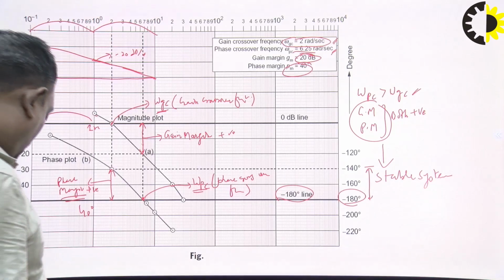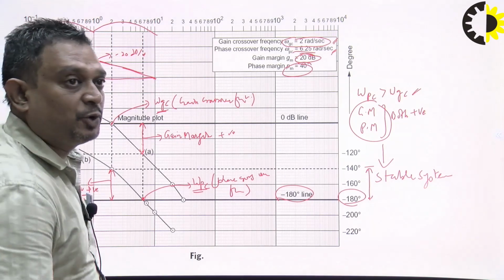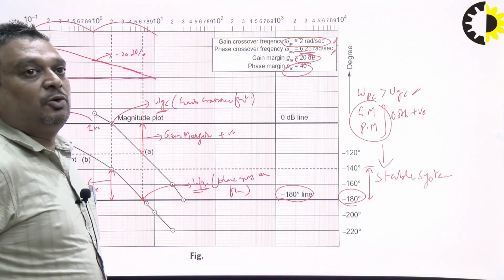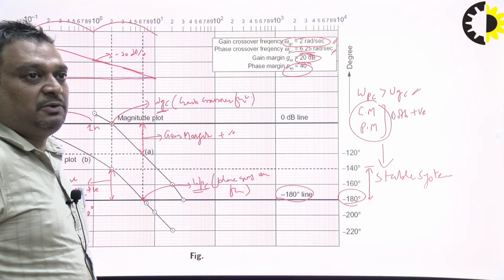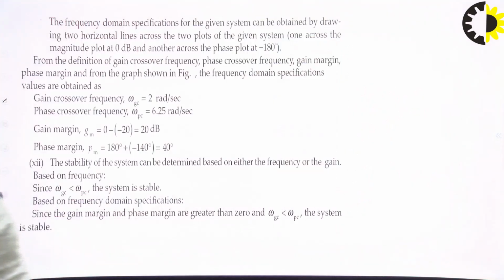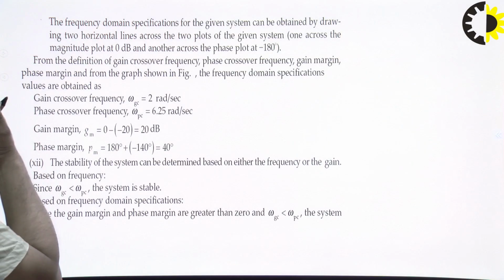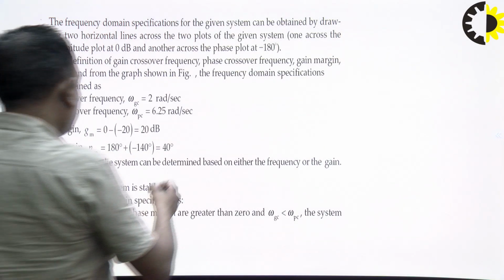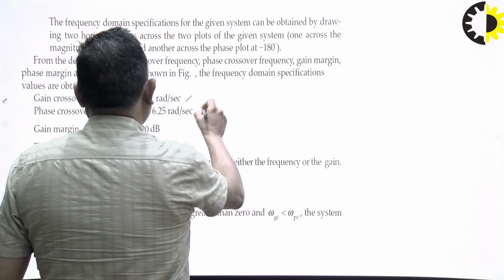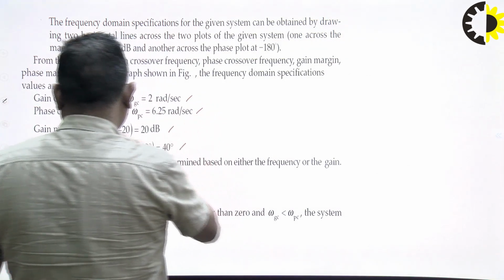So this is how we can draw the Bode plot for a particular open loop transfer function. Okay, and so the frequency domain specifications we can easily calculate over there: 2 radian per second, 6.25, 20 dB and 40 degree.